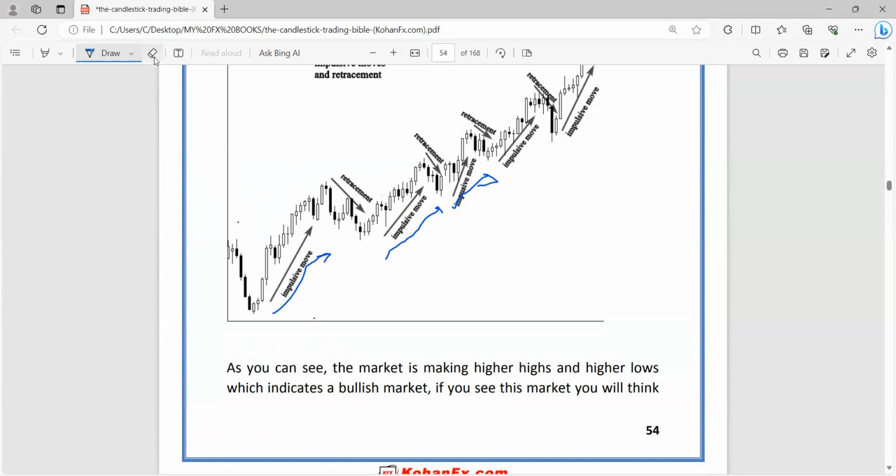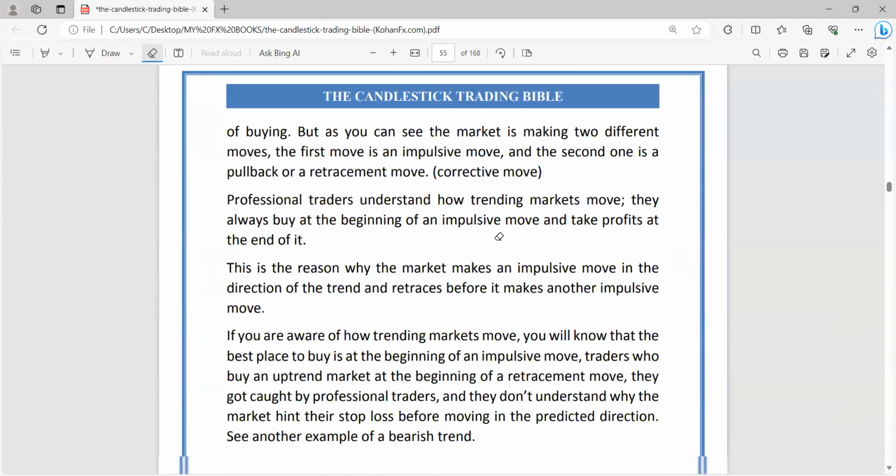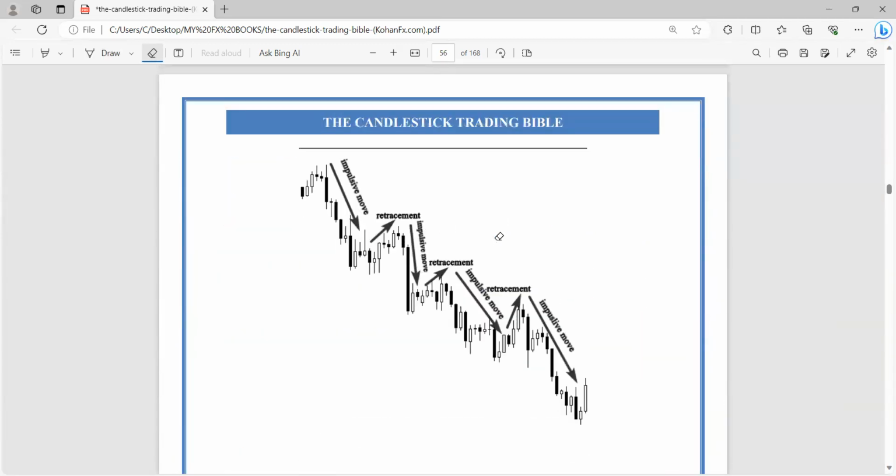Then we also can see the same with the opposite of this, which is just a downtrend. Now for this one, it's the same concept, but since the overall trend is going to the downside, you can think of impulsive moves as what are in line with the trend.